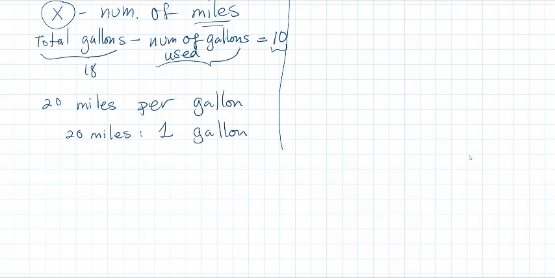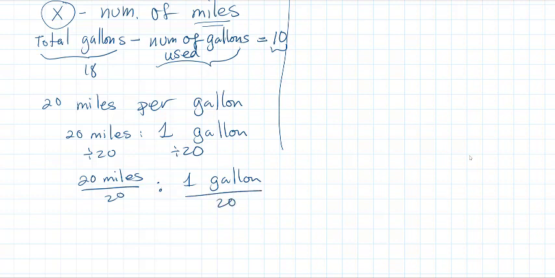Now, if you recall, when we have ratios, one of the things we're allowed to do to them is we're allowed to divide or multiply by the same number, both sides of the ratio. So let's divide by 20 here. If we divide both sides by 20, we get 20 miles, divide by 20, ratio to 1 gallon, divide by 20.